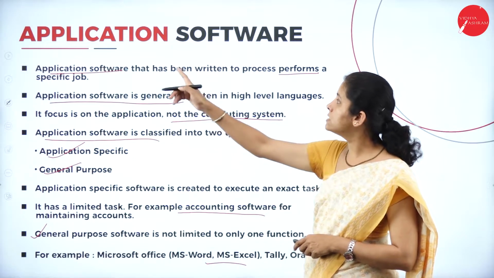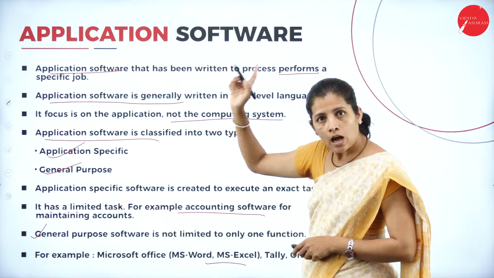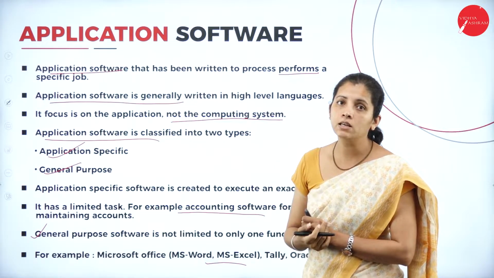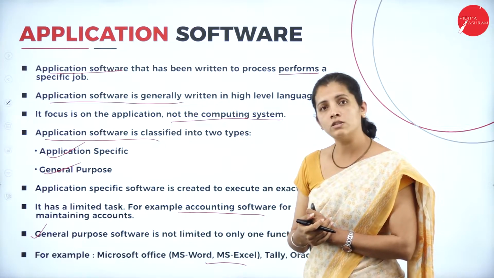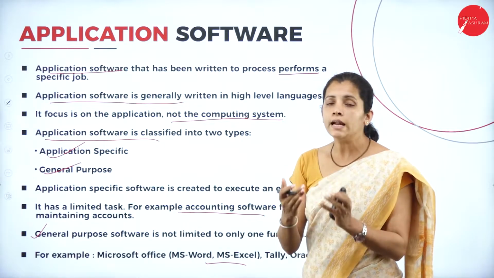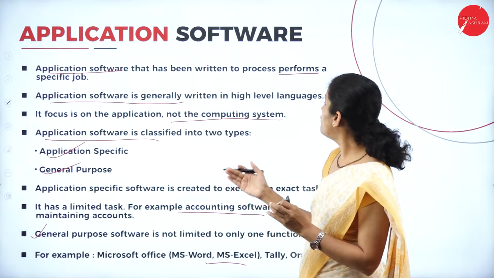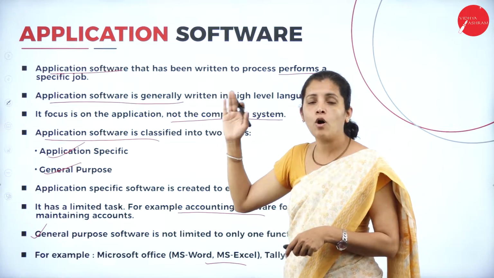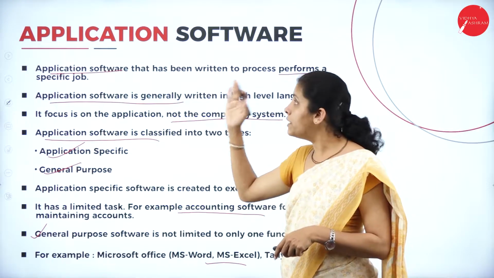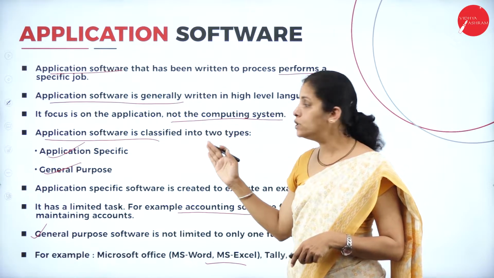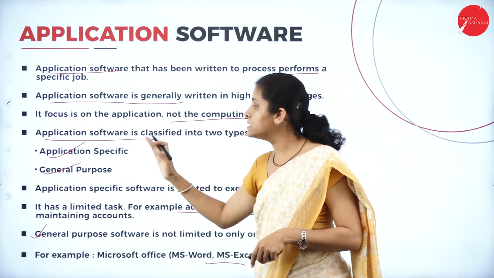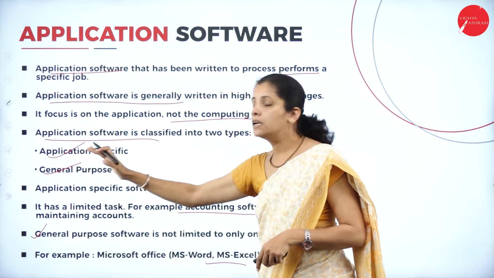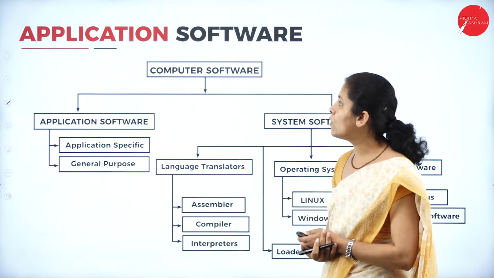So what is application software? Application software is nothing but a computer program or set of instructions that is designed to perform a specific job or specific task. Further, it is classified into two types, application specific and general purpose application software.